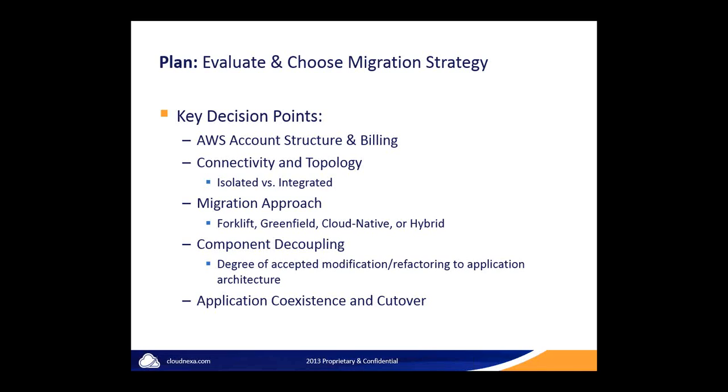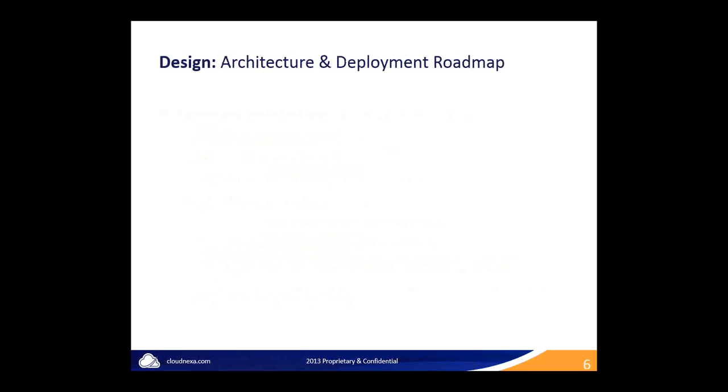For example, if we're moving Microsoft SQL Server, it's possible that we can switch to the AWS Relational Database Service version of MS SQL Server. Basically, we need to identify the degree of accepted modification or refactoring that the customer is comfortable with during the project, or identify it as an action item for the future. And also, we look at the duration of coexistence for the old and new environments and determine an acceptable time frame for cutover.